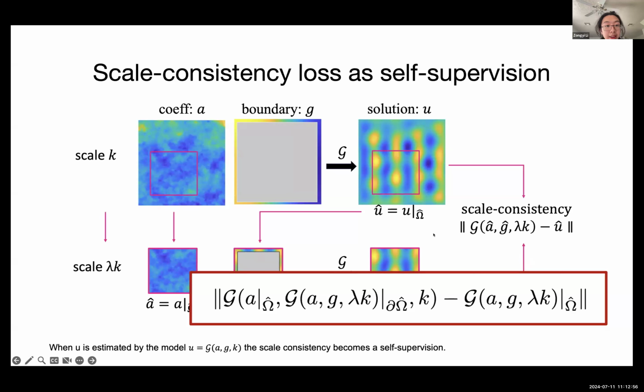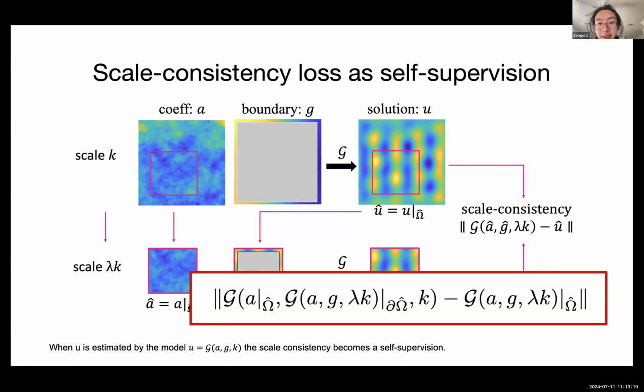So in this case, the self-consistency loss becomes a self-supervision, or say a self-training, where even if we don't have labeled data U, we can still train to enforce the scale consistency between the full domain and subdomains.